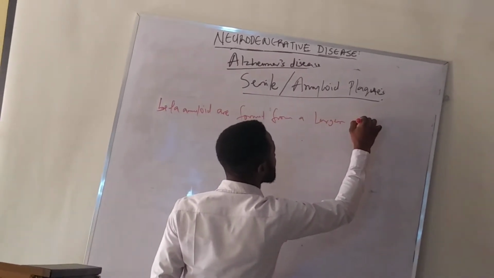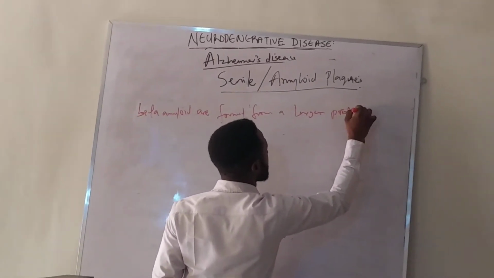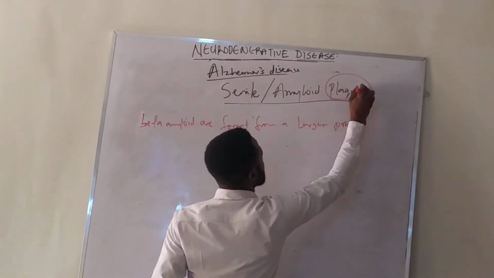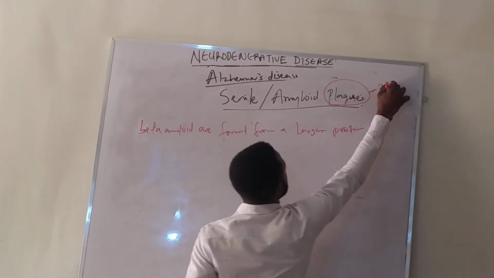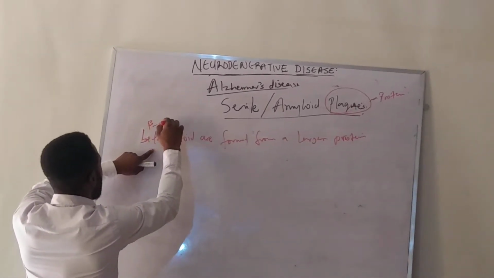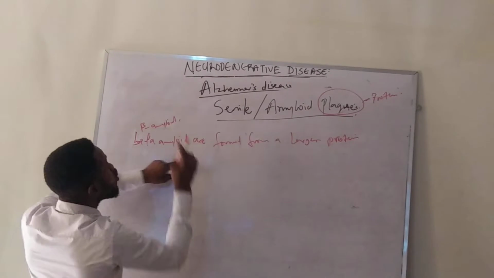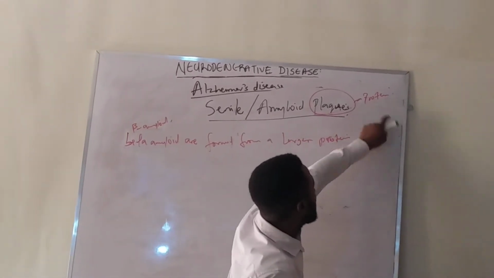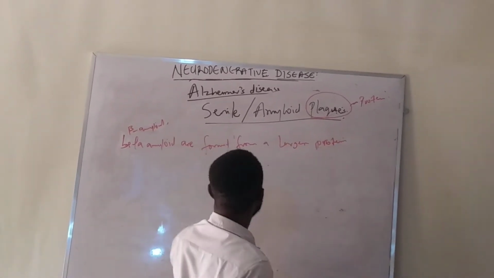Don't forget I said that plaques, they are what? They are proteins. And they are made up of what? Beta amyloid. So they are insoluble proteins that are found around and outside the neuron.